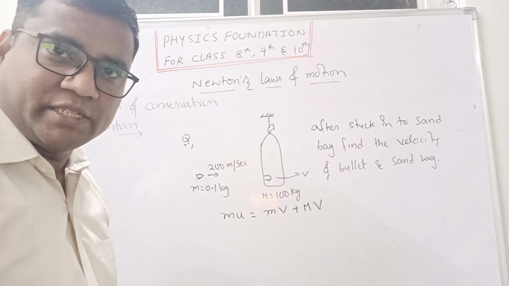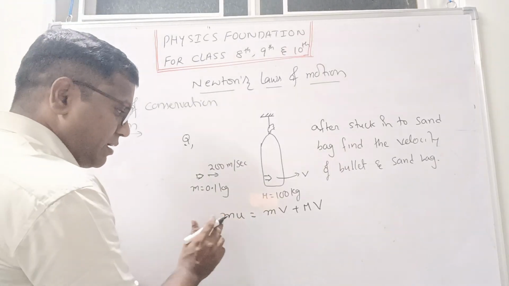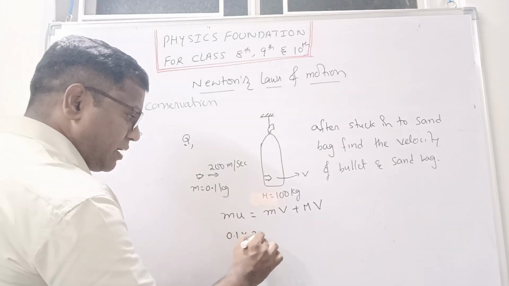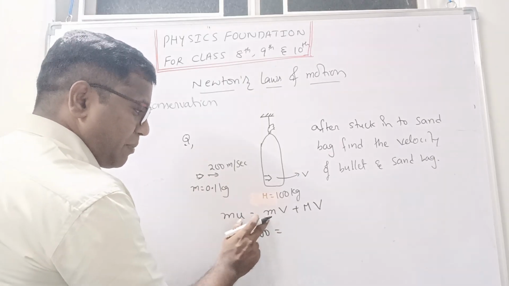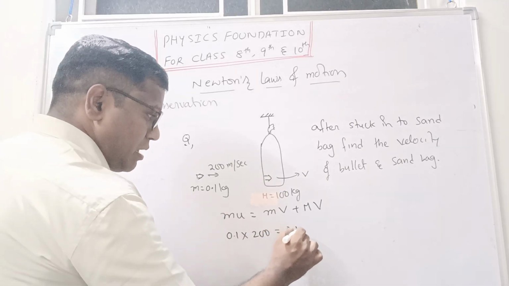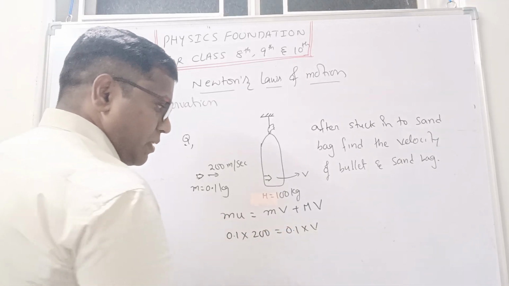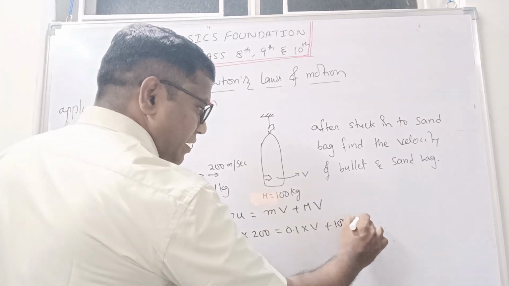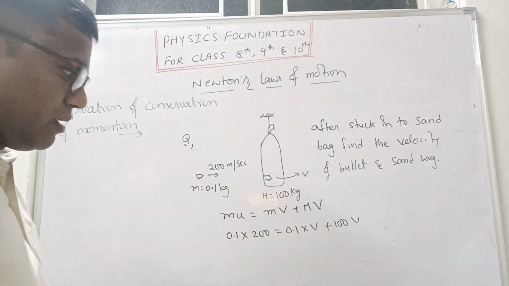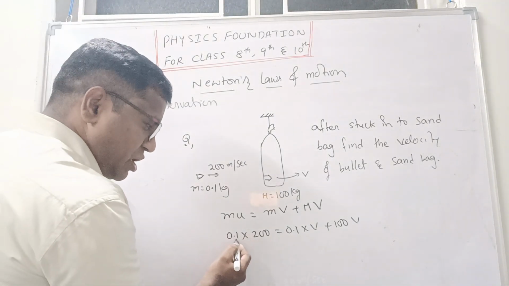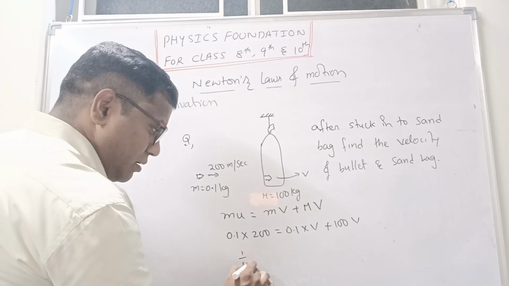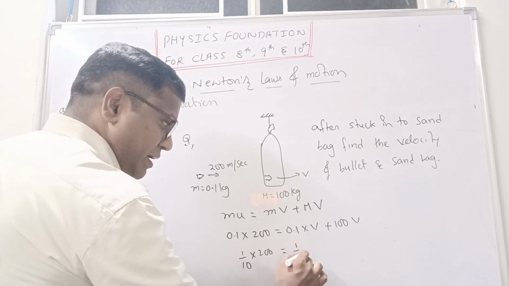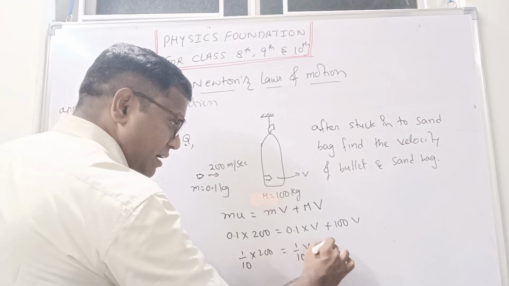Here the bullet's m is 0.1 and u is 200, so 0.1 into 200, equals 0.1 into v, where v I have to calculate, plus the sandbag's mass, 100, into v. Clear? So 0.1, which is 1 by 10, into 200, equals 1 by 10 into v plus 100 into v.